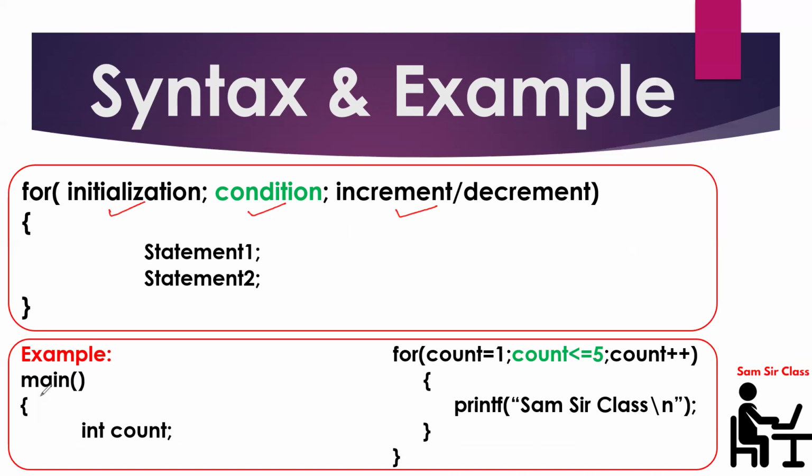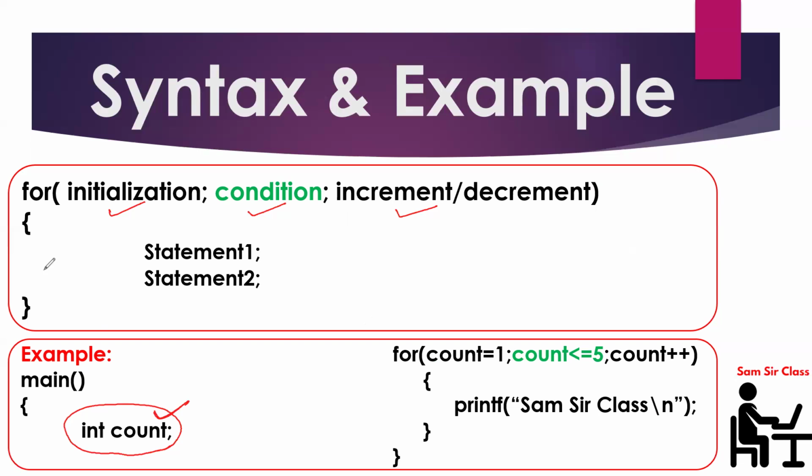Now let us see one example. The same example you have already done by using the while loop and do while loop. Now we are executing the same by using the for loop. You are printing your name 5 times. If you remember, in while or do while, you initialized the variable whenever you declared it. But here in the for loop we are only declaring.